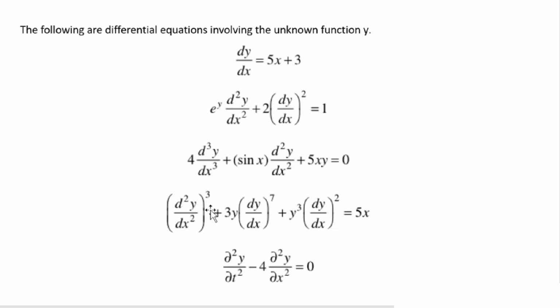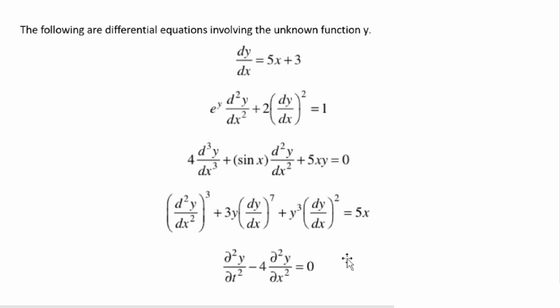Focus first on d squared y over dx squared compared to dy over dx, not on the powers 3, 7, and 2. They are just the powers of the derivatives. The first term is a second order derivative, the second term is a first order derivative, as is the third term. Comparing the three terms, the one with d squared y over dx squared makes this a second order ordinary differential equation.